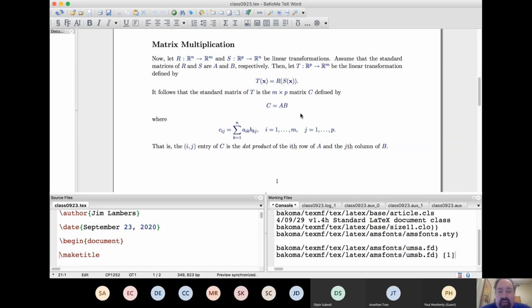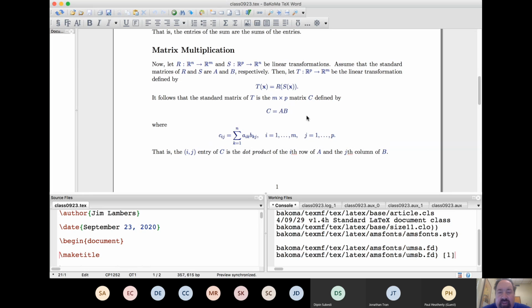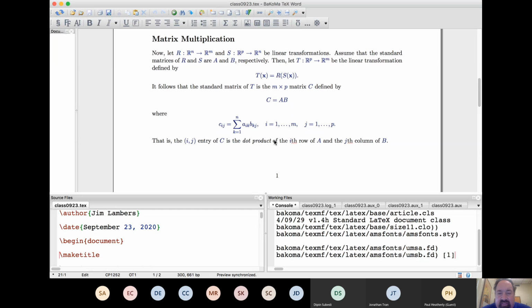So what I will do in various problems is illustrate all of these operations, and then you'll be able to see how you carry out matrix multiplication on paper.